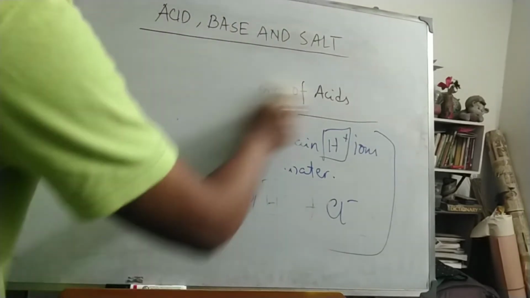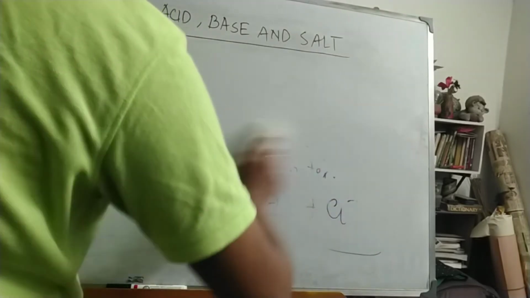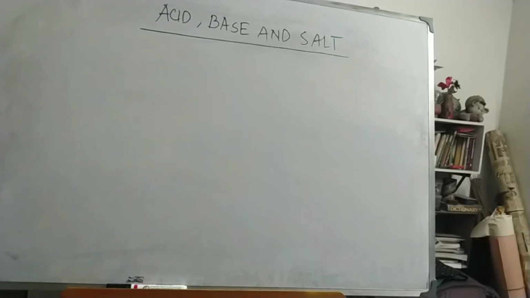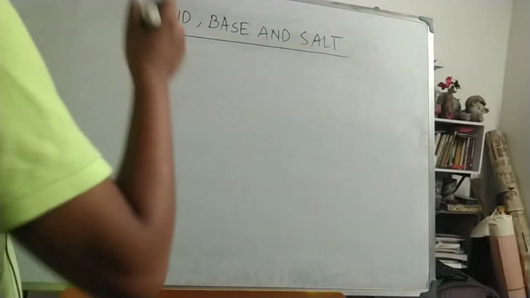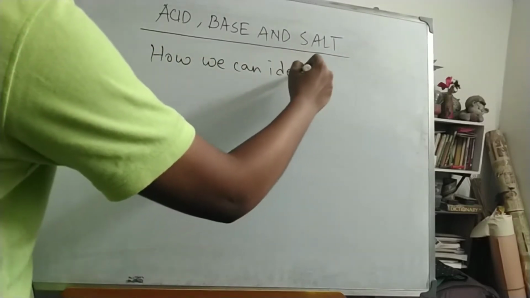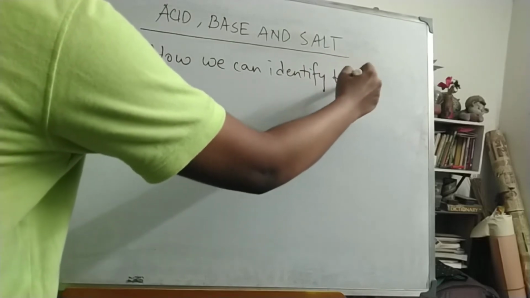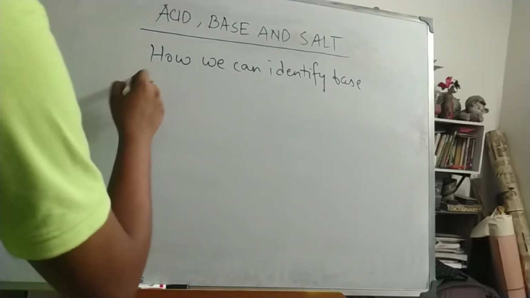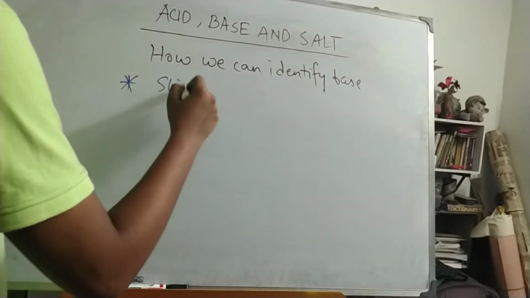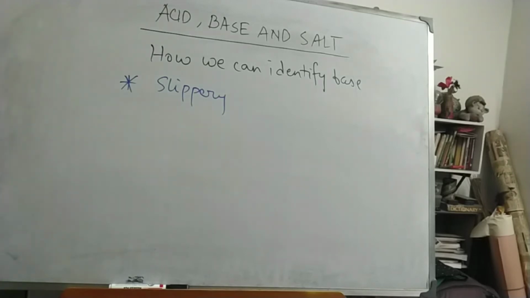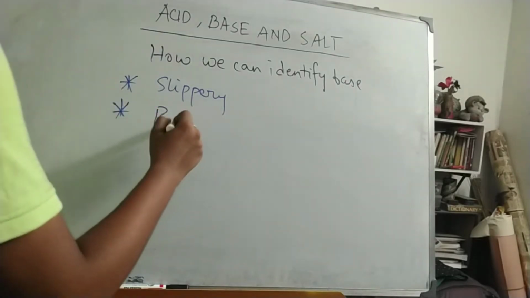Now we will move on to base. The same question comes to our mind, what is a base, or how we can identify a base. These 3 properties will identify a base. Number 1 is slippery. Number 2, bitter taste.